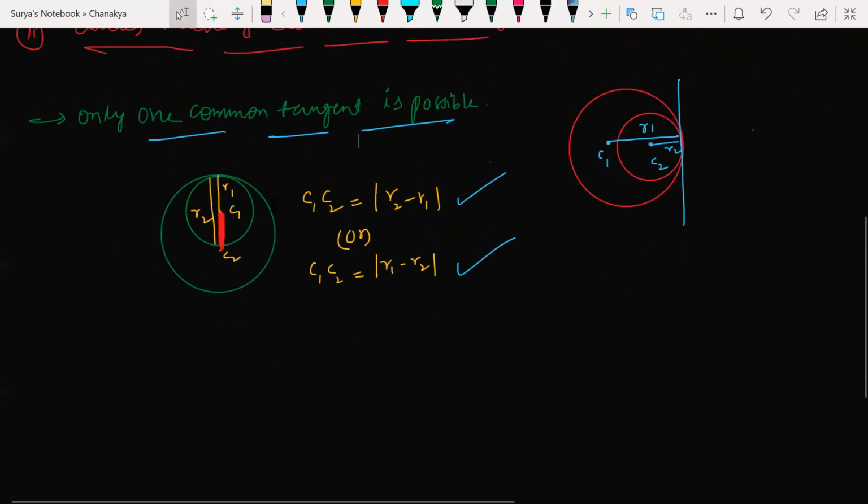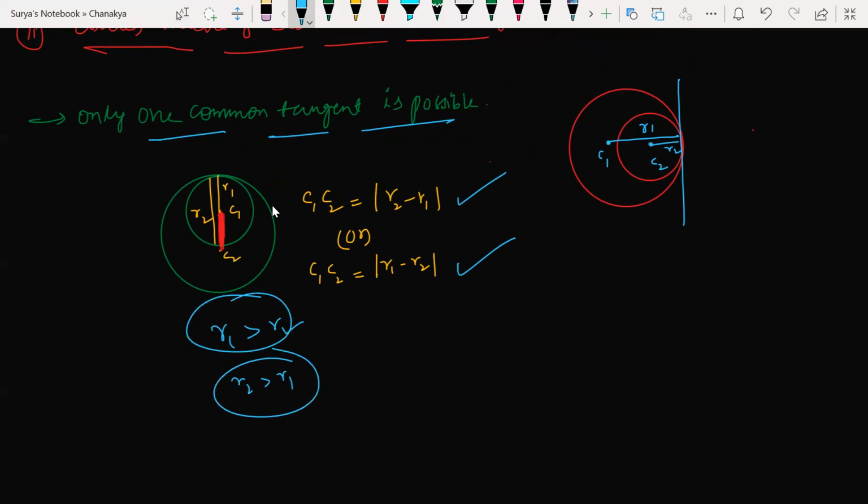Sir, why did you take modulus here? What is the reason behind taking modulus? The reason is that I am not aware of which radius is greater and which is smaller. Sometimes R1 can be greater than R2, and sometimes R2 can be greater than R1.